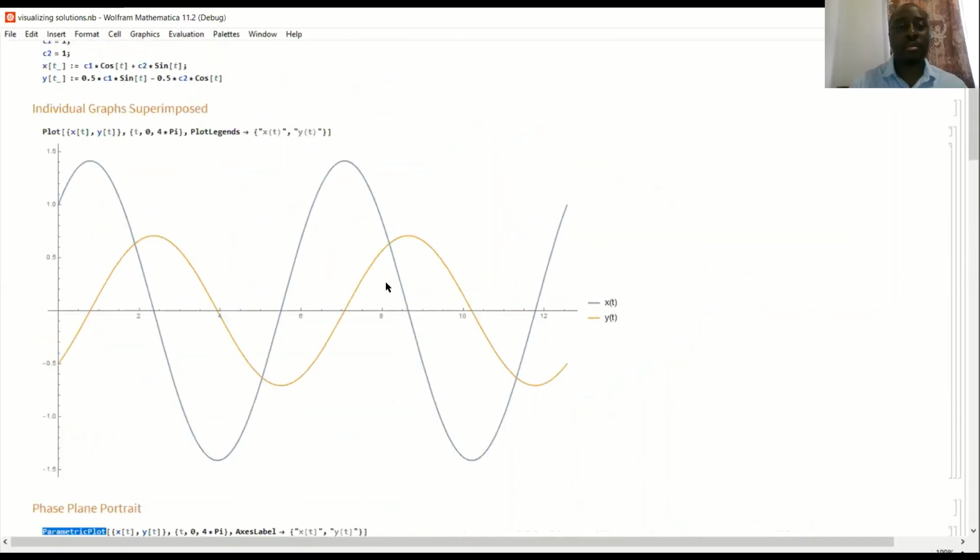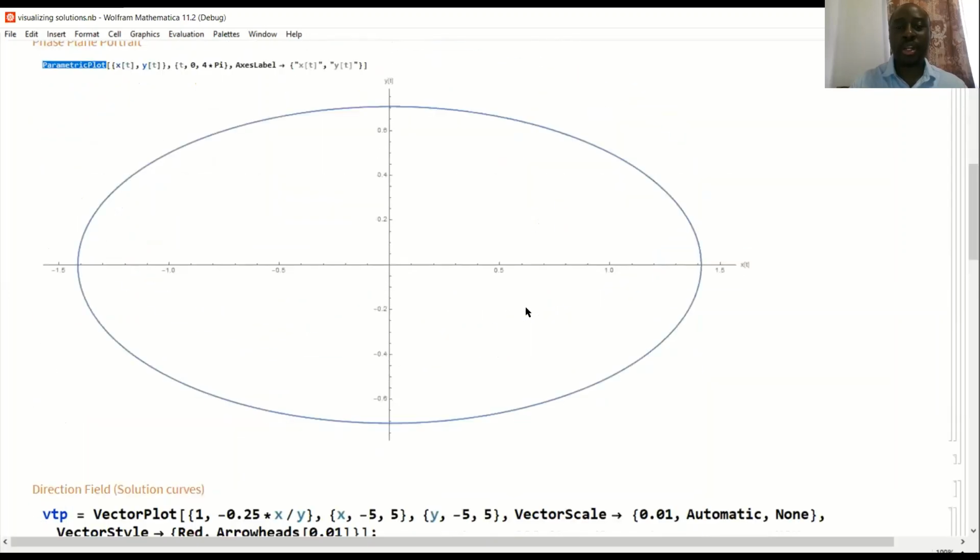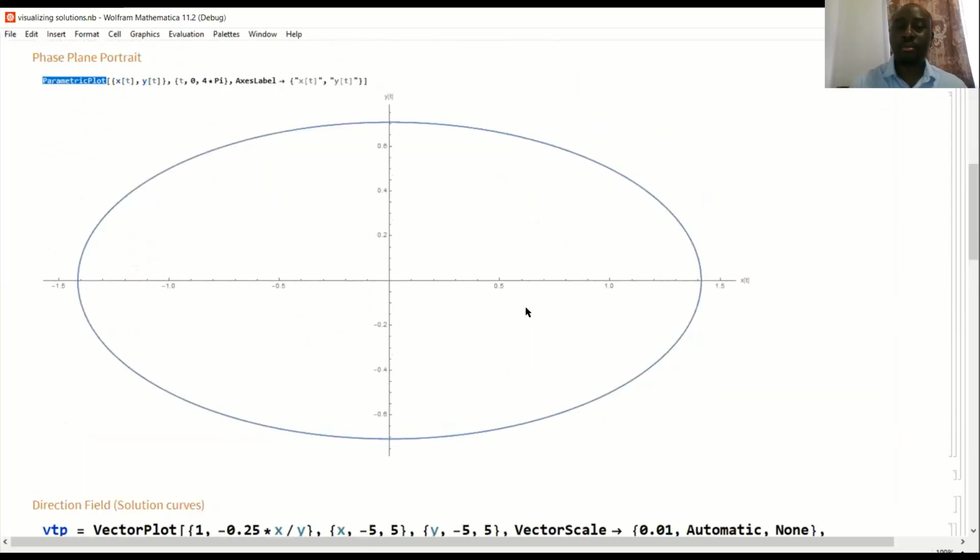And I can see from the superimposition that they are periodic, because of course they are sines and cosines, and so they are going to repeat themselves after a while. But this shows very clearly the periodic behavior, and this graph is telling me how they're going to behave for all time, because I just keep going round and round this ellipse.